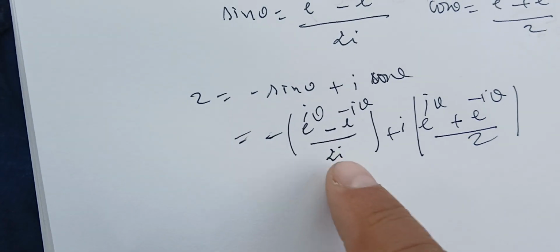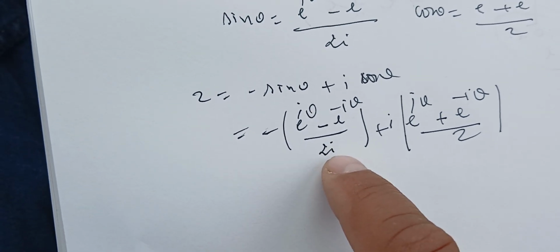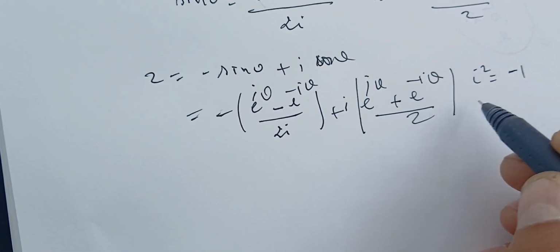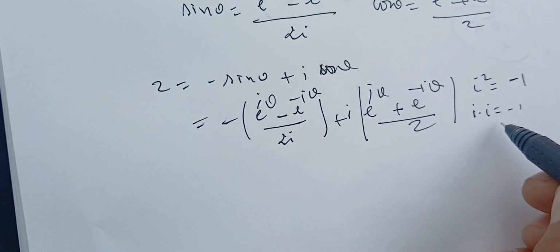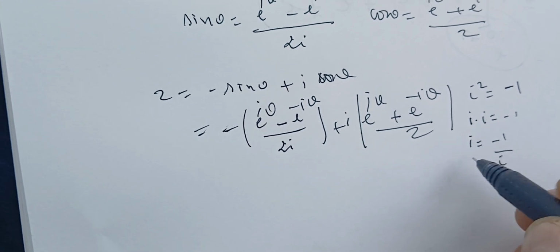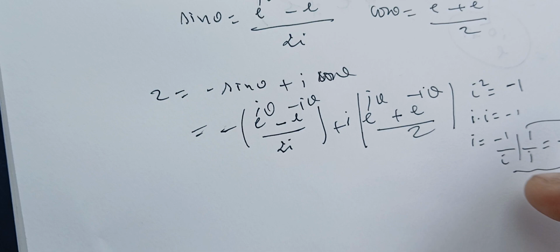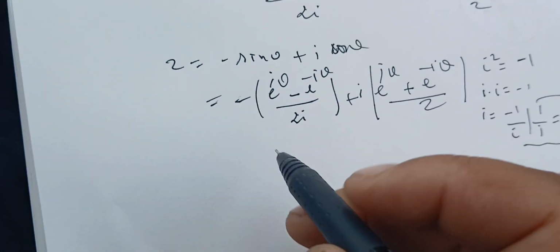So the first thing here, we need to get rid of this i here in the bottom. We know that i squared is minus 1. That means i times i is minus 1, so i is minus 1 over i, which means 1 over i is minus i. Or you can use the conjugate. So 1 over i is minus i, and we have to multiply by that.